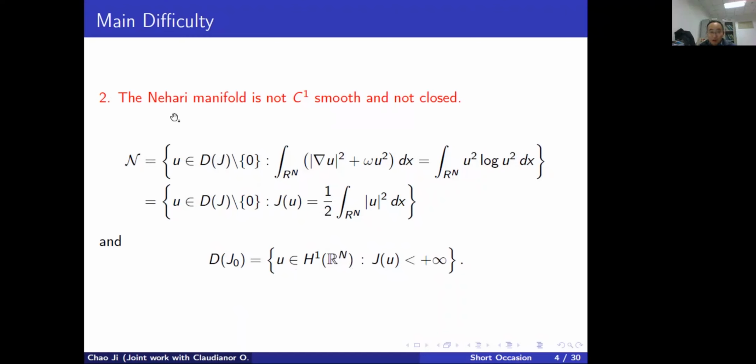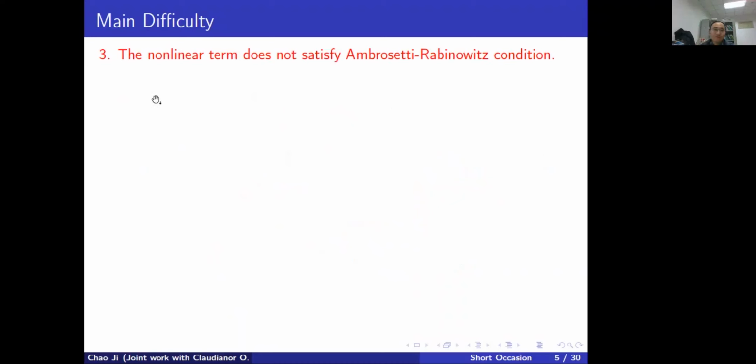If the Nehari manifold is not C1, we cannot use the Ekeland variational principle. Later I'll show you. The nonlinear term does not satisfy the Ambrosetti-Rabinowitz condition.